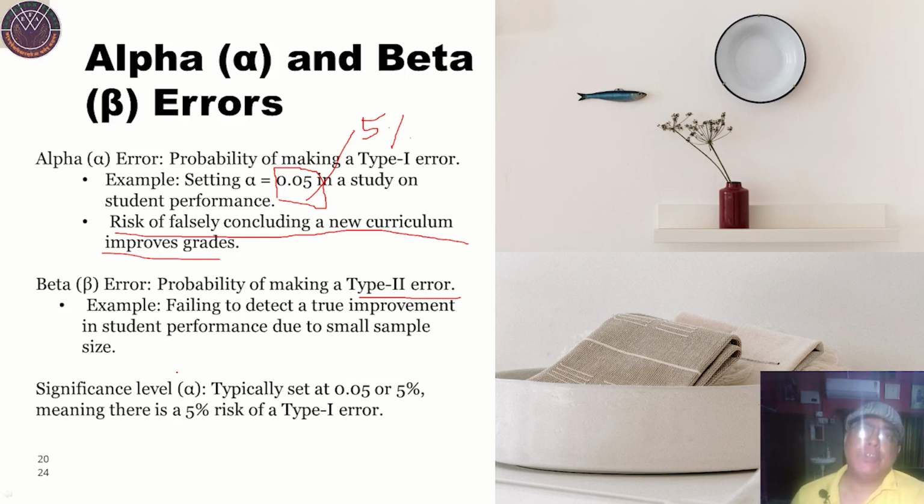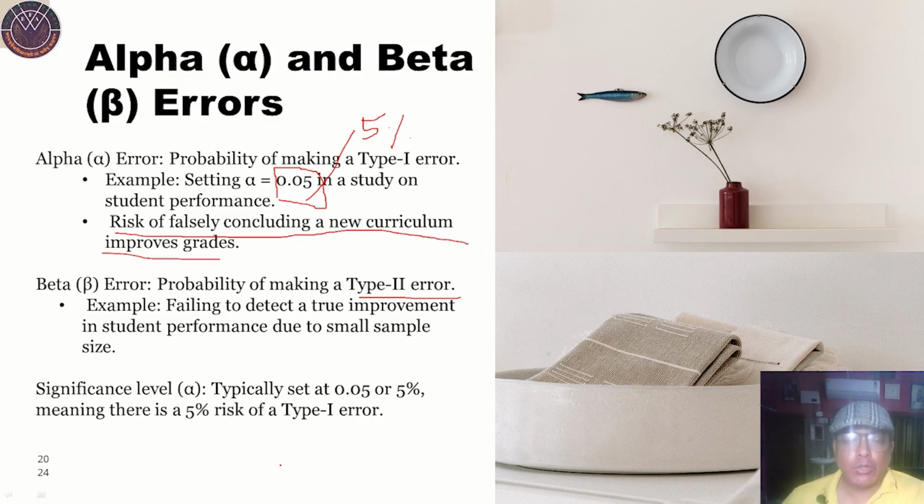What is our actual objective? Whenever there is an effect, it should be detected, and whenever there is no effect or no relationship, we should not reject the null hypothesis. So the first one is related to alpha, and the second one is related to beta. Alpha is also called the significance level, which you can see in my other video on level of significance and confidence interval.